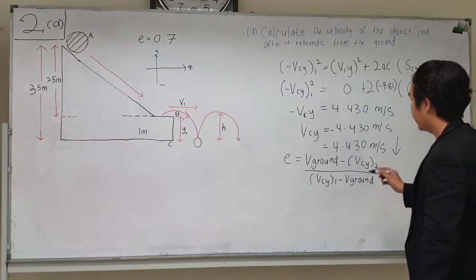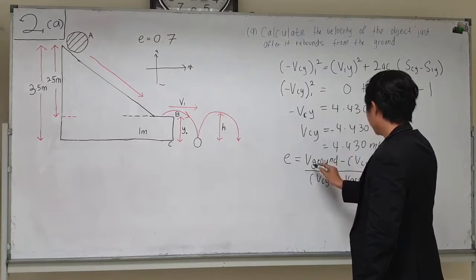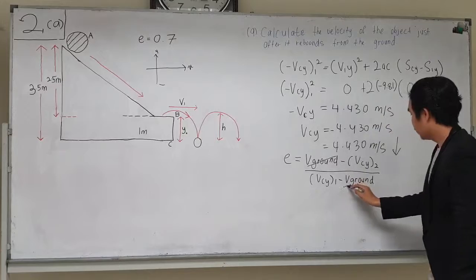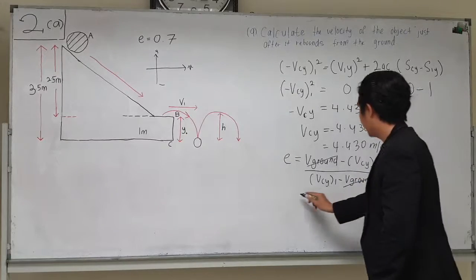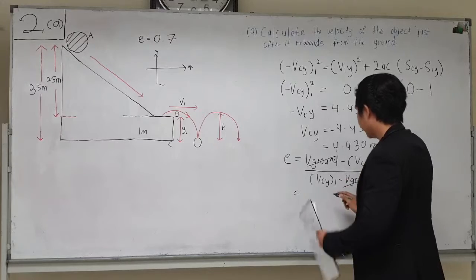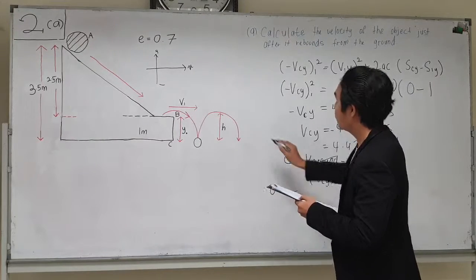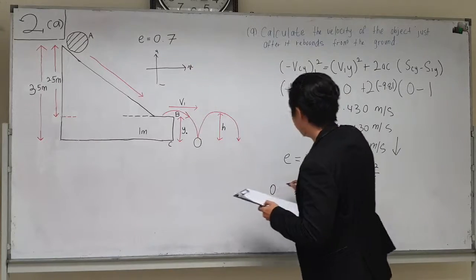As we know, the ground velocity is 0, so we just simplify, and then we put in the values of V1Y and V2Y. So we replace e with 0.7.